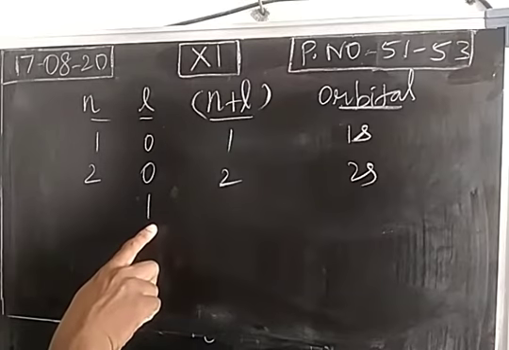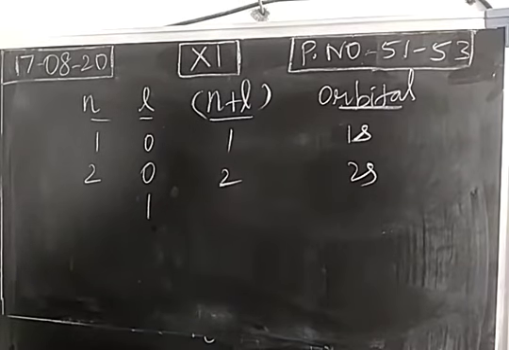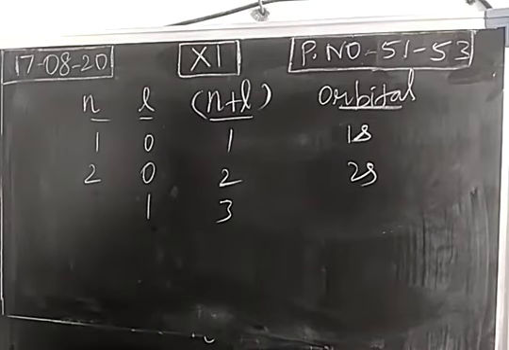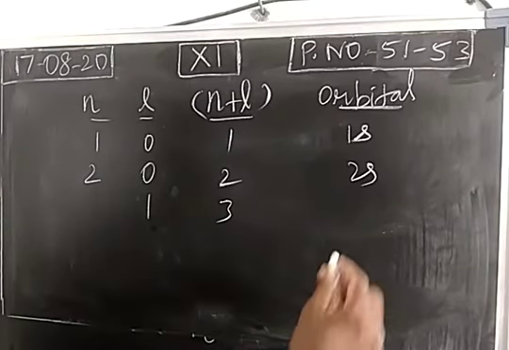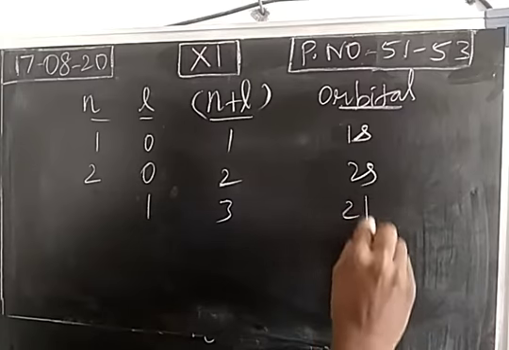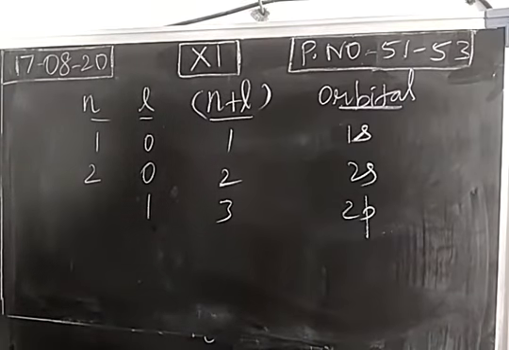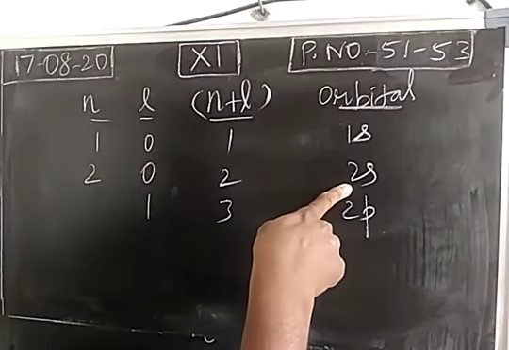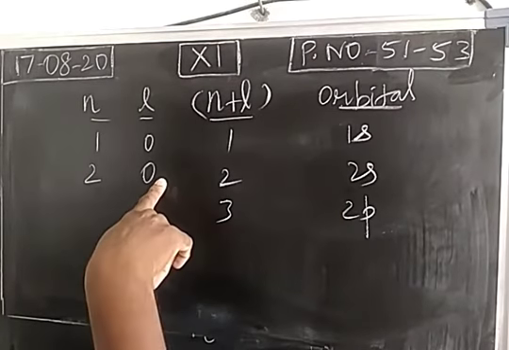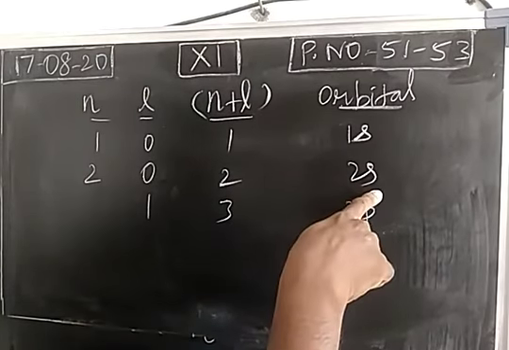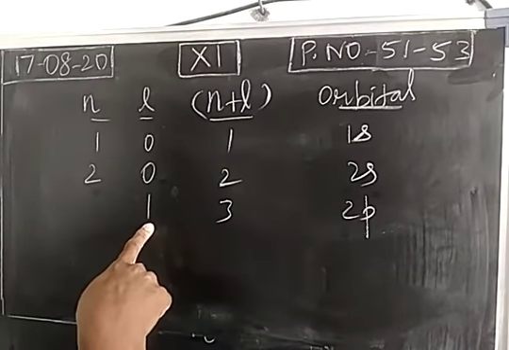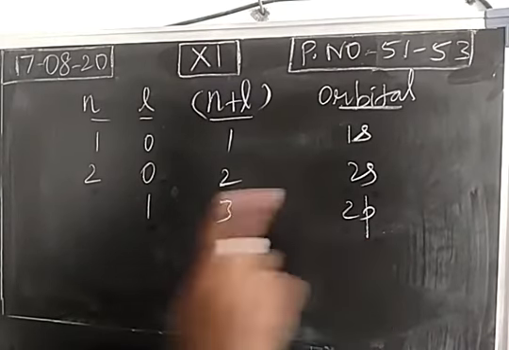Azimuthal quantum number 1 for the principal quantum number 2. So 2 plus 1, 3. Second shell, l value 0, 2s orbital. Second shell, l value 1 means p orbital. So this is called a 2p orbital.